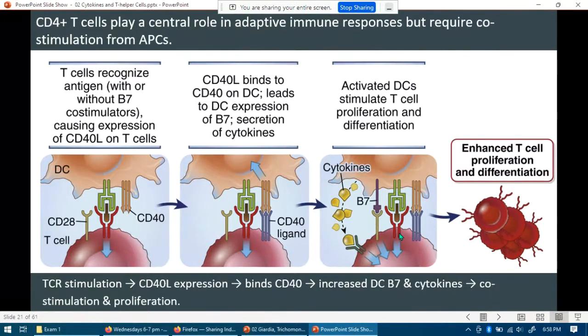Okay, so if you have a mouse that either does not have a gene for CD28 or does not have a gene for B7, you literally cannot get an immune response to anything. An adaptive immune response, I should say. So that is a much more important signal than CD40. And so it's the one that we really want you to know.